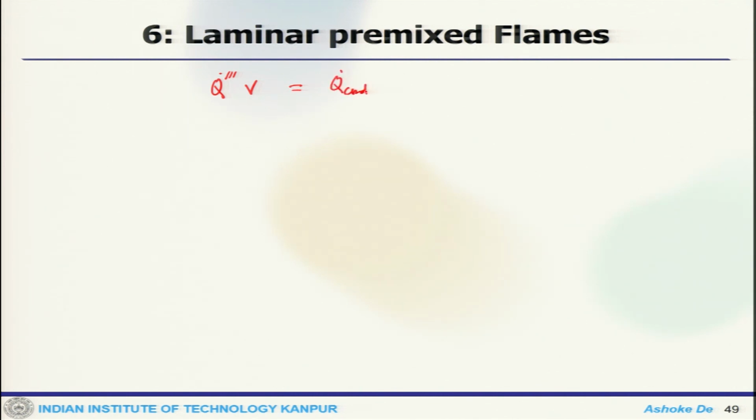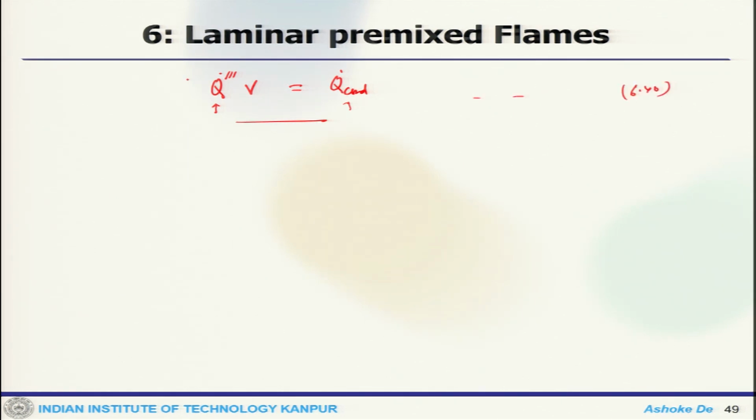That means we are equating the heat generated due to reaction and the rate of heat loss to the cold gas by conduction. So, these are the equations that you get then.